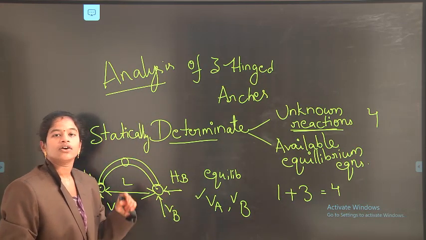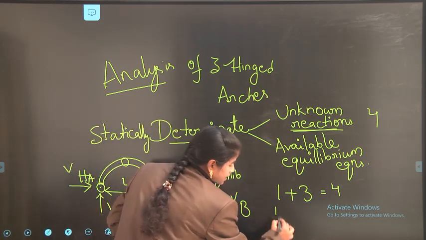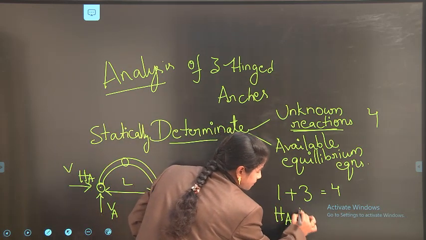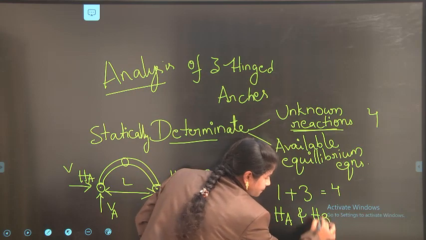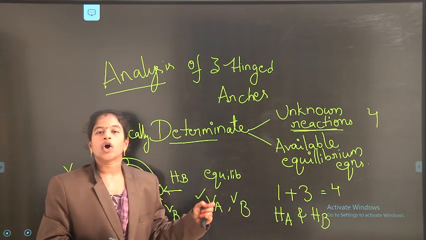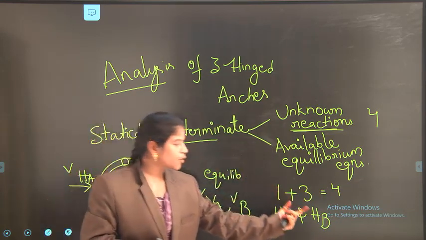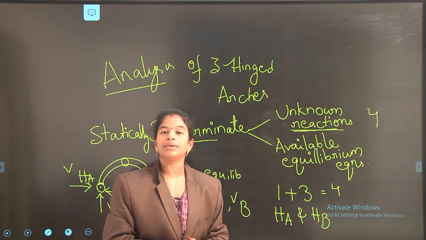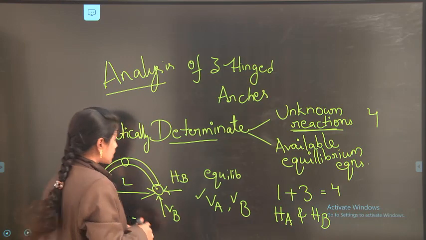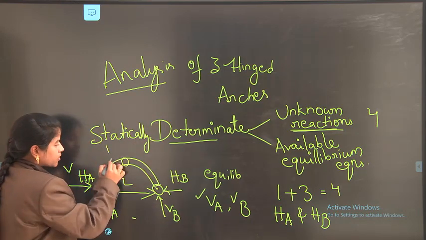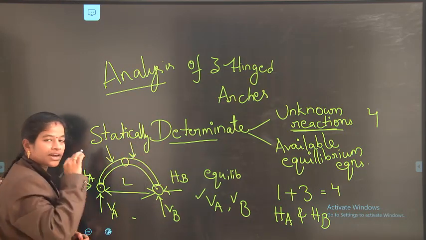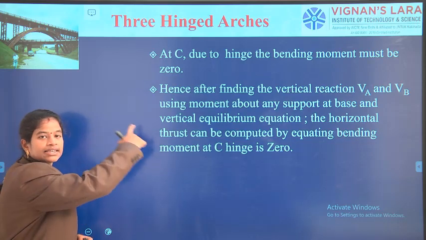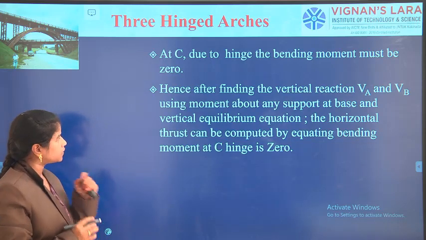And the next thing, horizontal thrust. This HA and HB will be equal. The horizontal thrust at the support is the horizontal component of reaction. HA and HB will be equal when the entire loading system on the structure is purely vertical.